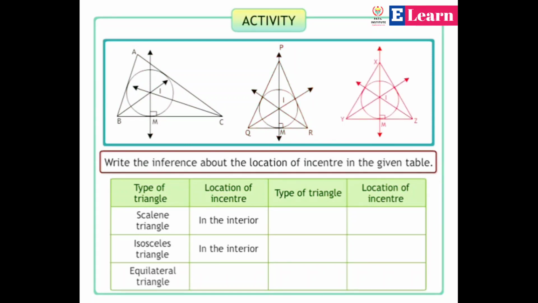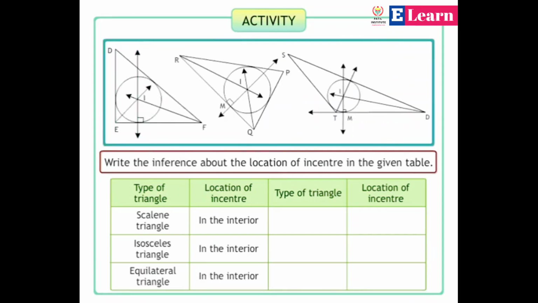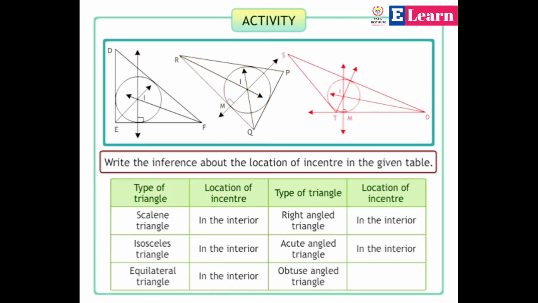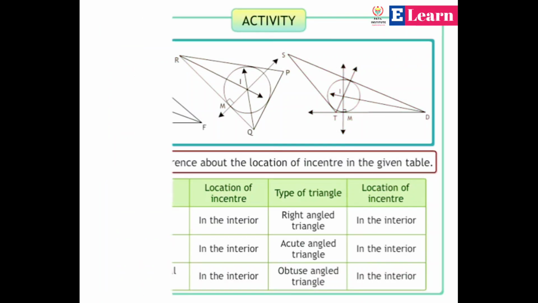In the equilateral triangle, the incenter is located in the interior. In the right angle triangle, the acute angled triangle, and the obtuse angled triangle, the incenter is located in the interior of the triangle.